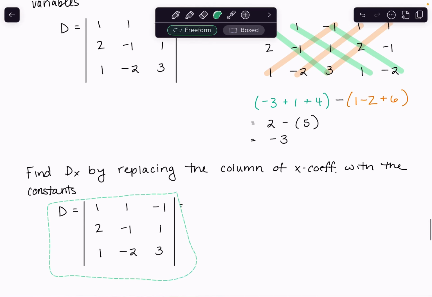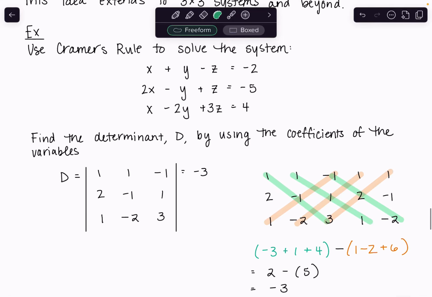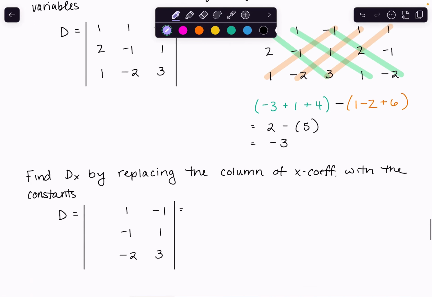Because we're going to use the same determinant, but again, instead of x, I get rid of those values. And in turn, I go ahead and put these values in. Negative 2, negative 5, and 4, and then I find the determinant of this matrix.